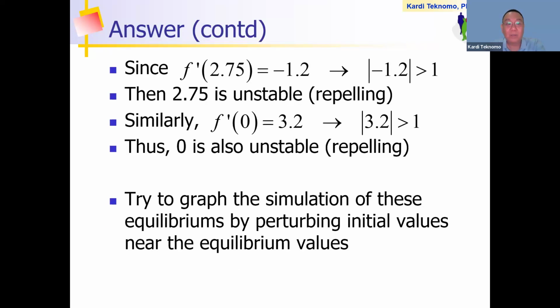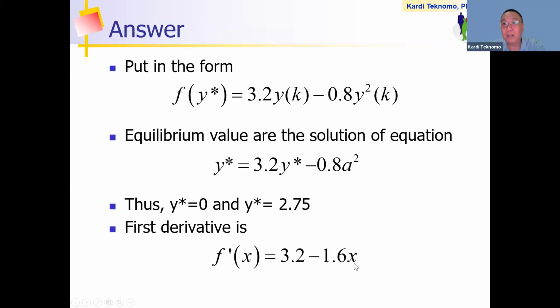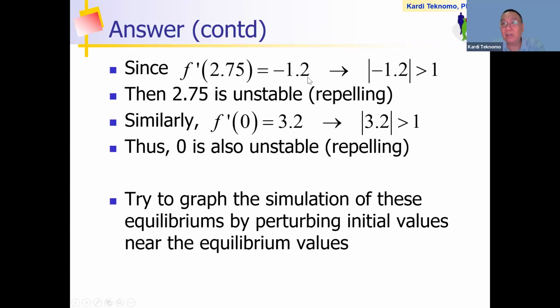So for the first one, 2.75, when you put it into the first derivative, you will get -1.2, which is unstable. Remember, if the absolute value is larger than 1, then this is repelling. When you put 0 there, it's also repelling in this case.